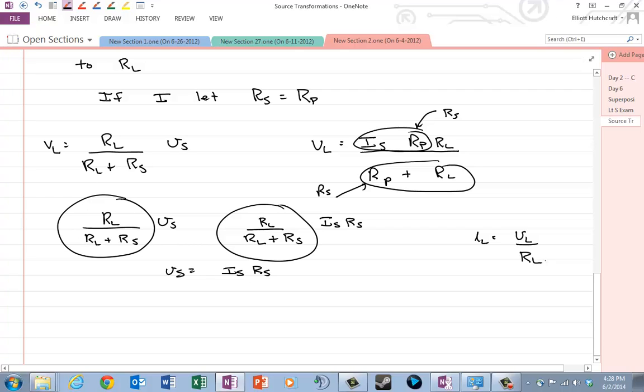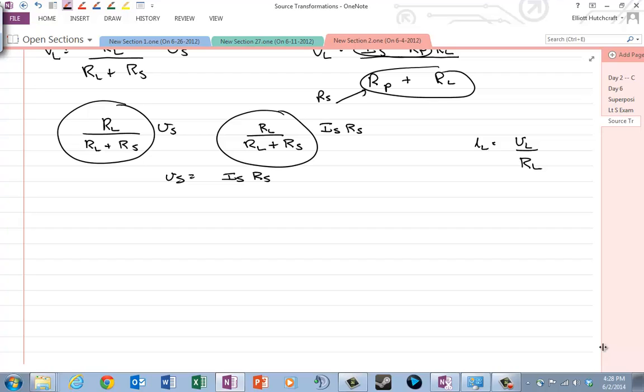So what this means is that, okay, the source voltage is equal to the source current times the source resistance RS, and maybe I should say that could also be written as IS RP, since we let RS equal RP.